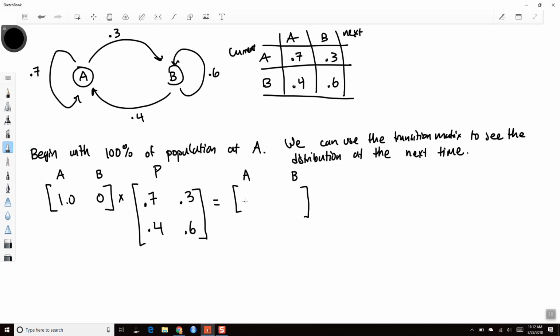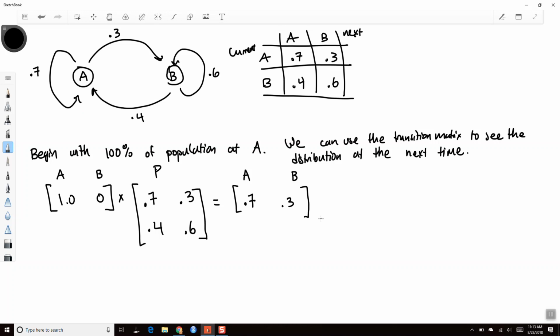In the next phase, how many do we have at A? 0.7, right? And then 30% of the people at A will have moved to B, right? So if I do the matrix multiplication, I get 0.7 and 0.3, okay? We are not at equilibrium because of the entire population, 30% moved to B, and how many went from B to A? 0, right? And so we are not at equilibrium, okay?